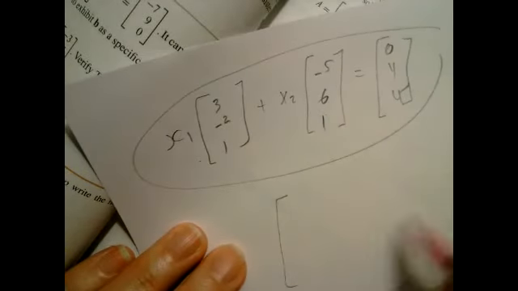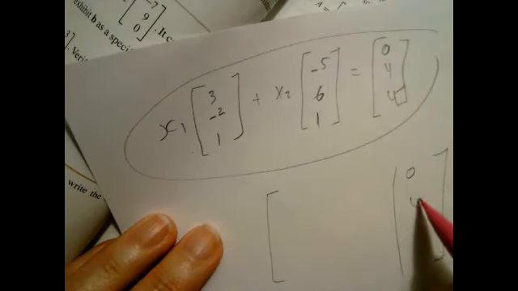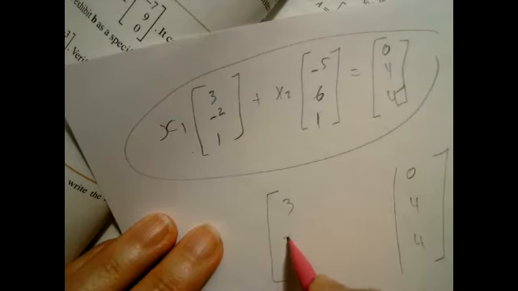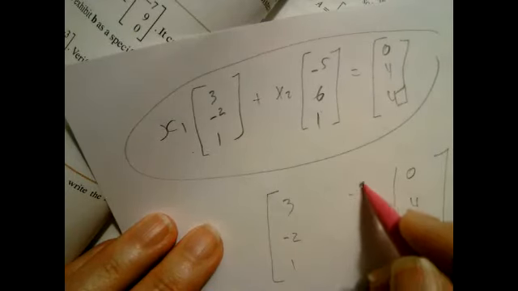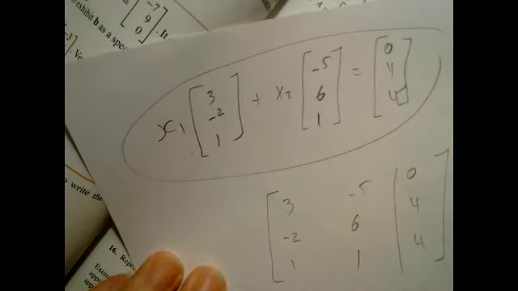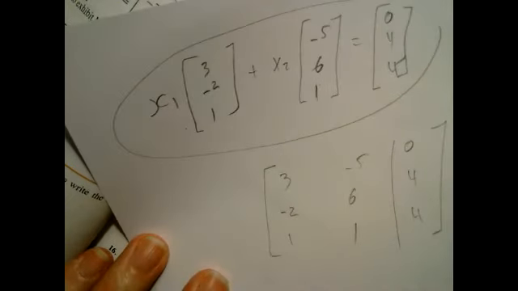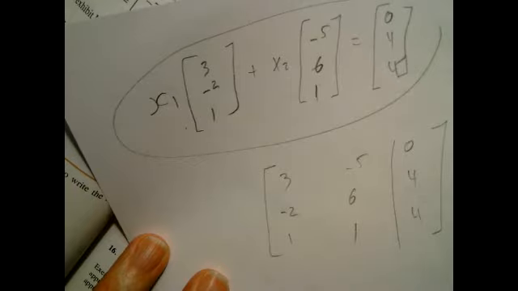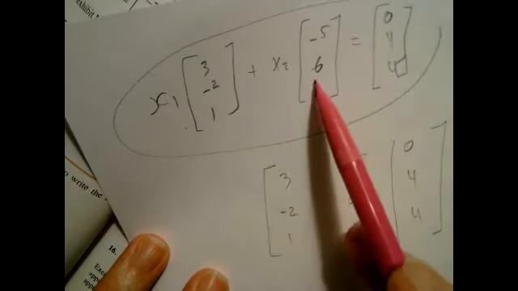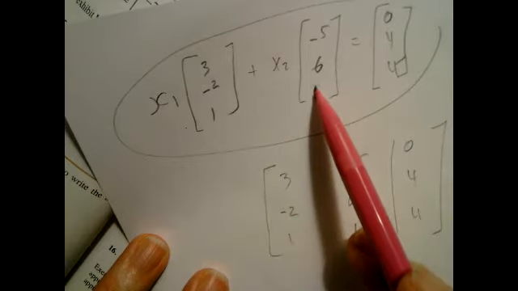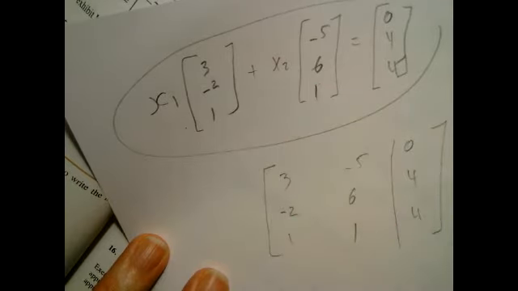Never disregard. So we set up the augmented matrix, and we solve. With me? You don't disregard, you solve. And if you find a solution, it means it is in the span of those two vectors because it's the linear combination. If you don't find a solution, it means it's not in the span.